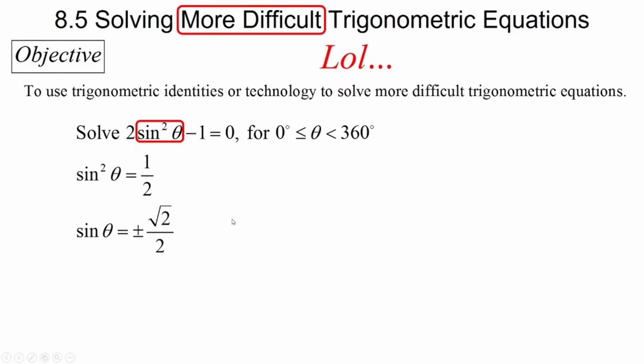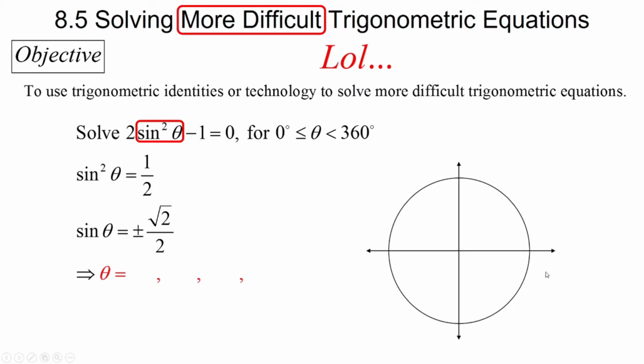Now, you all have the unit circle mastered, and you can tell me when sine has an output of positive root 2 over 2 or negative root 2 over 2. So let's get there. What does theta equal? And the beauty of doing this by hand would be we're going to have exact answers. So let's take a look at our unit circle.